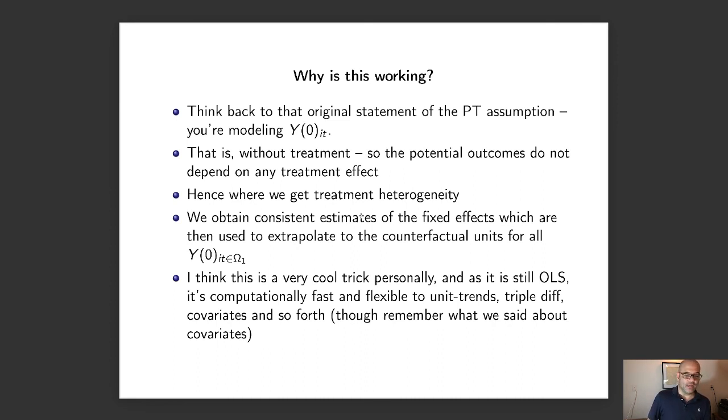Is it a cool trick? Gardner thought to do that, but I didn't. It's computationally fast, efficient, and very flexible to things like unit trends, triple diff, covariates, and so forth. But remember what we said about covariates. Nevertheless, you can do it.